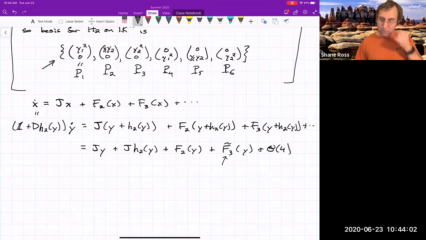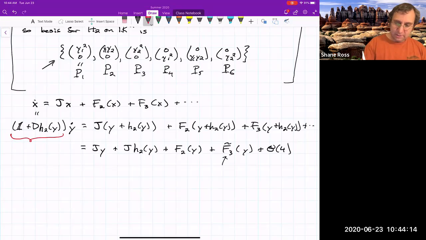Okay, now similar to what we did in the 1D motivating example, we need to take its inverse so that we'll be left with y dot equals something. So there is an n by n matrix equivalent of 1 plus epsilon raised to the -1 power.